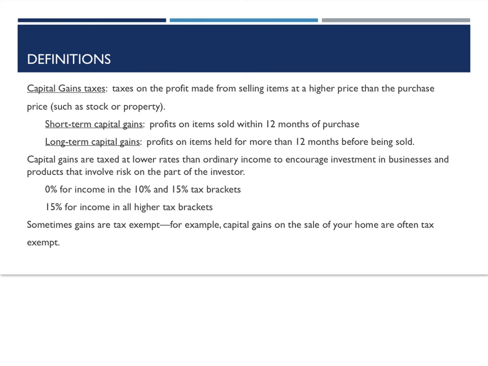But once you get down to your taxable income, the way capital gains are taxed is you look at the tax tables and you pay no tax on any of your taxable income that falls in the 10 and 15% brackets. Anything that falls above that line, you only pay 15% on.